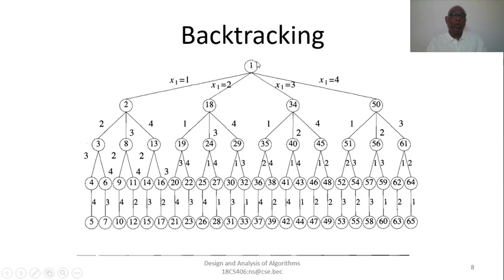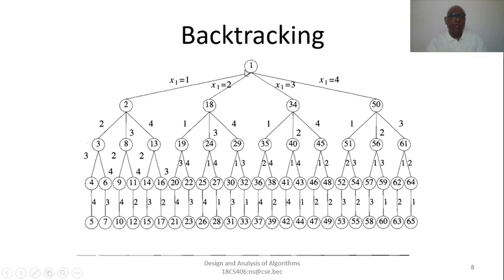Now, at a node which is at level k equal to 1, we explore the different possible values of xk. Xk here means x1. The first queen can be placed in one of the 4 columns in the first row.